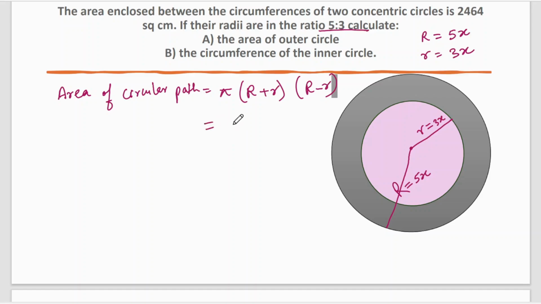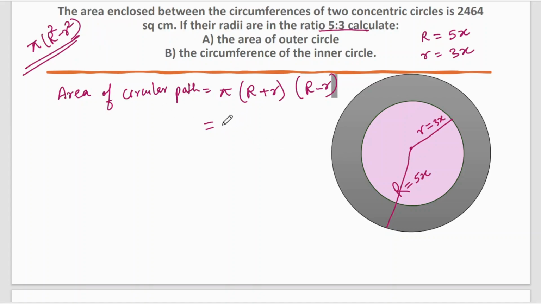So you can always remember how this formula has come. You must remember this formula is nothing but pi R square minus r square. You are subtracting the area of the inner circle from the outer circle. And this I am writing in a simpler form, that is pi (R plus r)(R minus r).